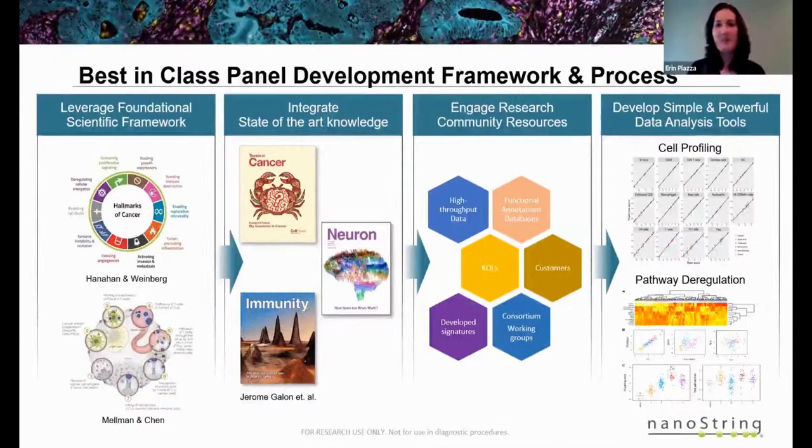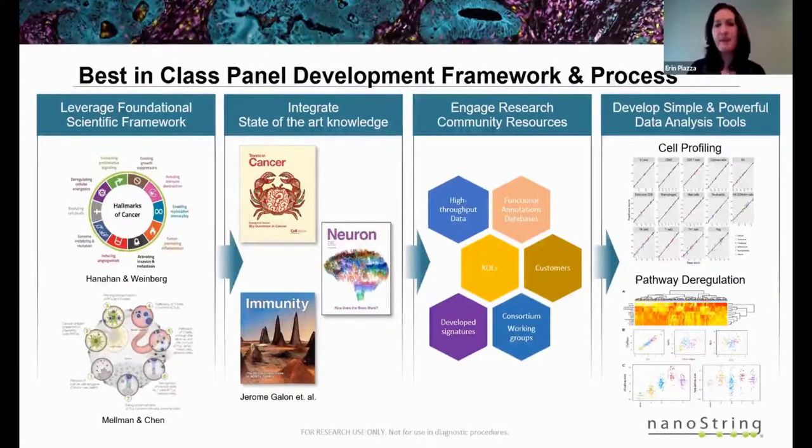And then finally, when we're done putting together our panels, we always make sure that they integrate well with our nCounter advanced analysis software. This software uses the pathways that we embed into the product to give you an understanding of pathway regulation and give you scores that help you understand how the biology is moving in your data set. And then we also have a feature called our cell type profiling.